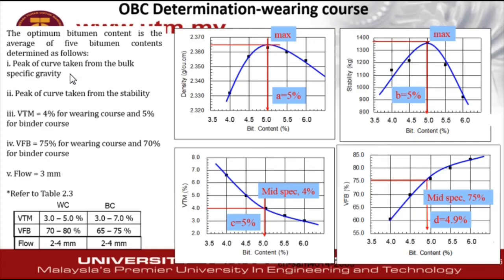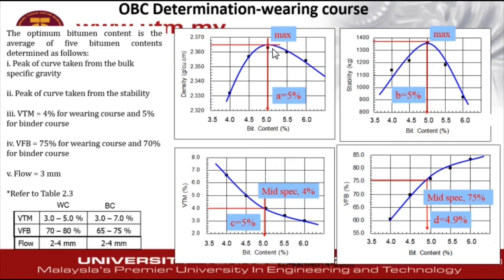The first one refers to the peak of the curve taken from the bulk specific gravity graph. Let's have a look at the first criterion based on the peak specific gravity, or we can say the maximum: the selection of the bitumen content at maximum density or specific gravity.